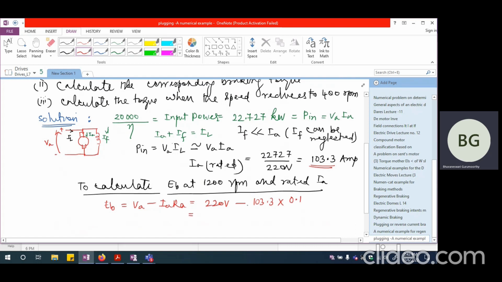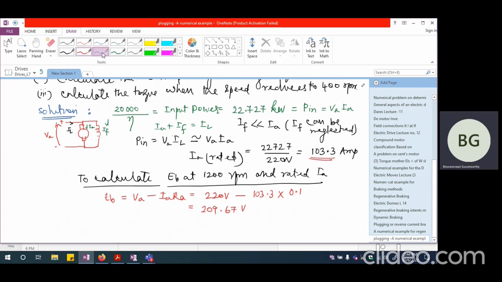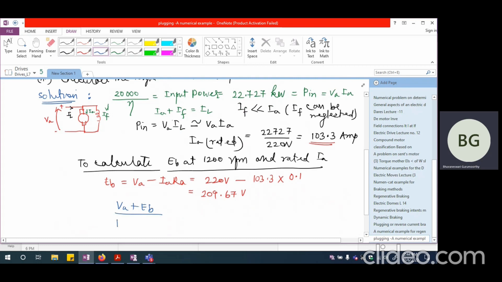So 220 minus 10.33. So that actually will give me the back EMF, that happens to be 209.67 volts.